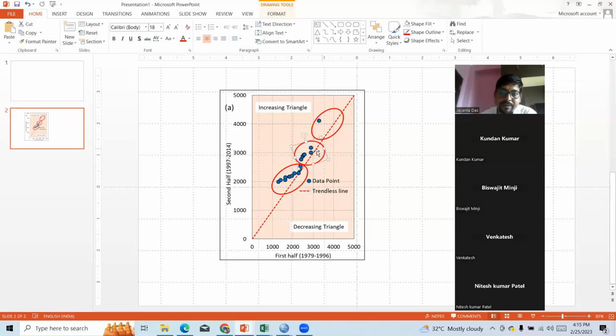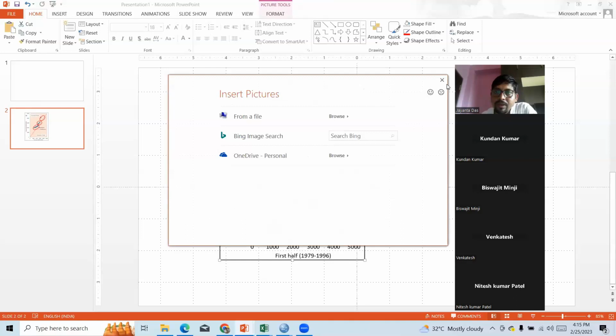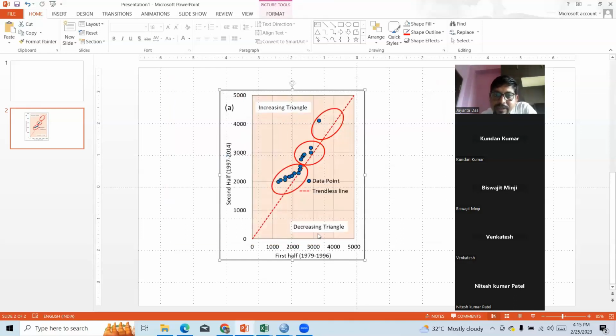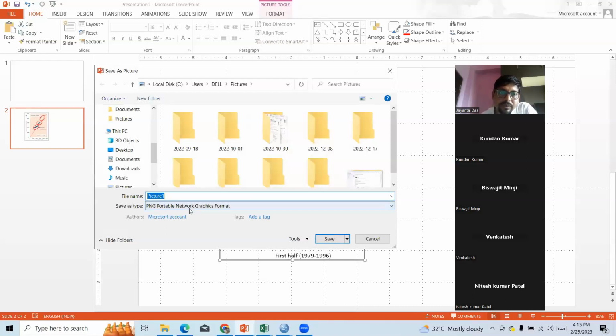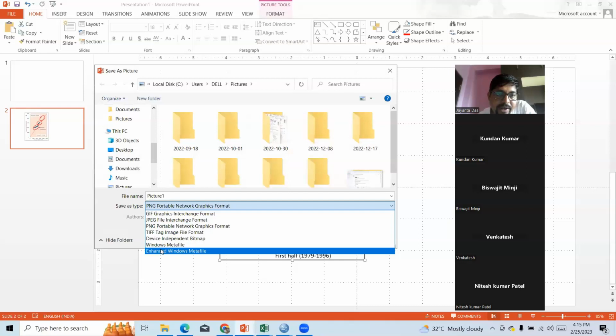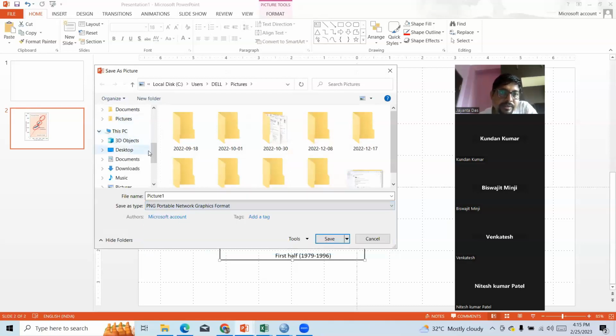And paste again, shift button and select. And now you can export it as an image. If we select it, change picture. No, not change picture. Select it, save as picture. We can save it in many options, save as type PNG, TIFF, JPG, your choice. You can save it.